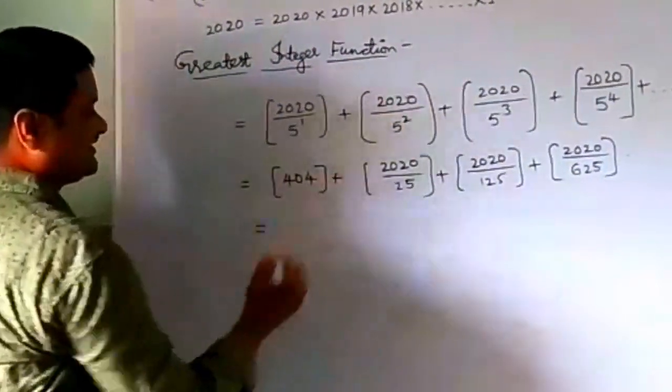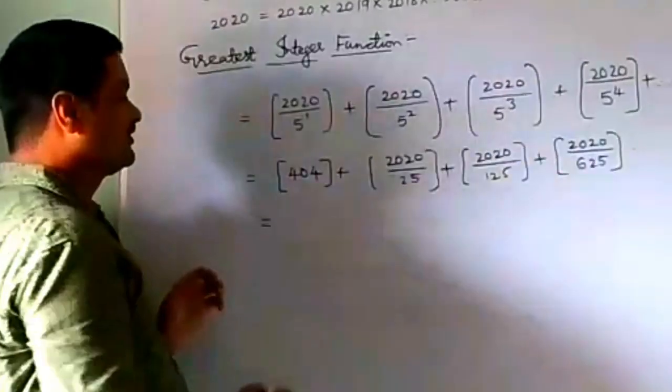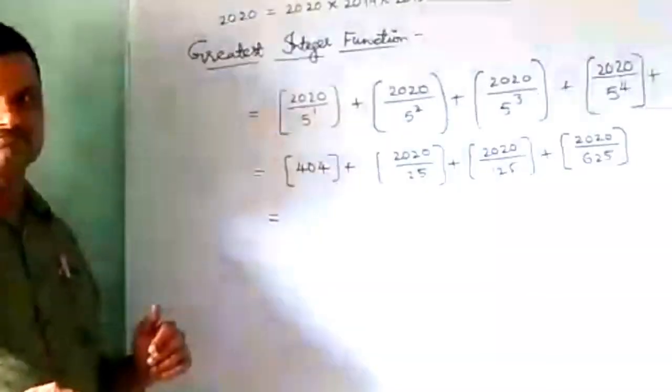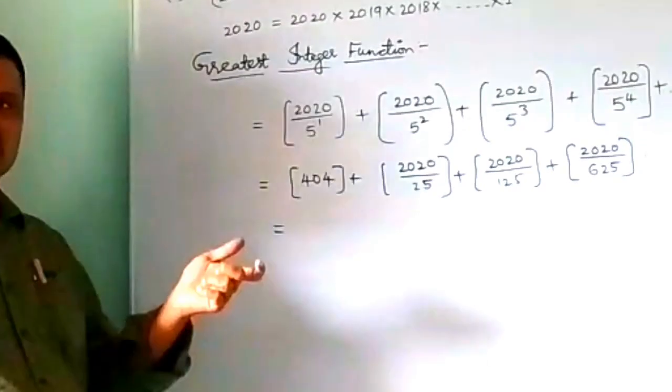The greatest integer function of 404 is 404. What does the greatest integer function mean? We only pick up the integer part.